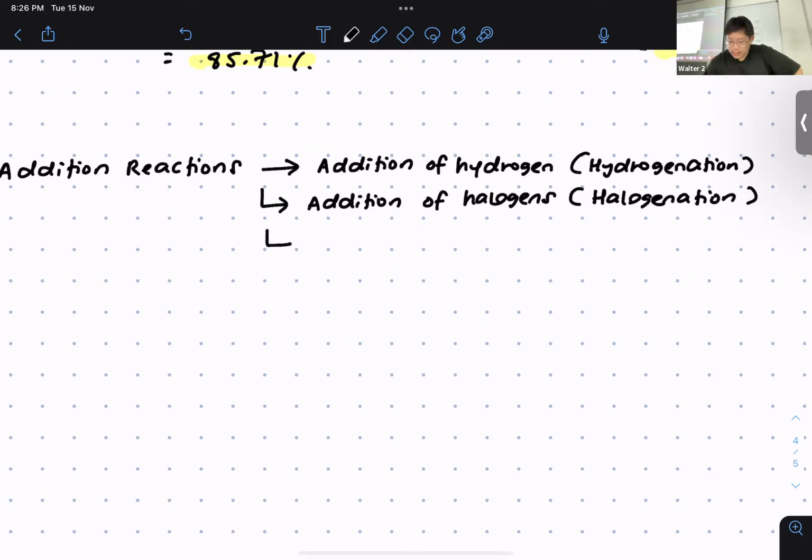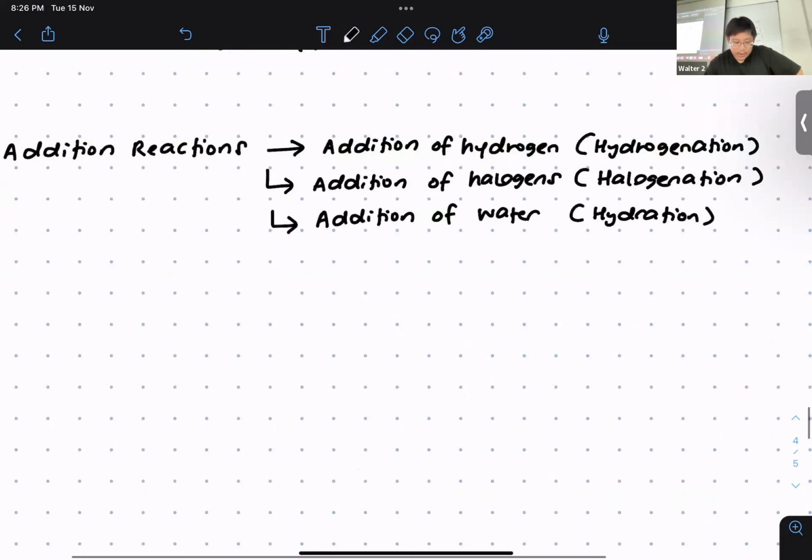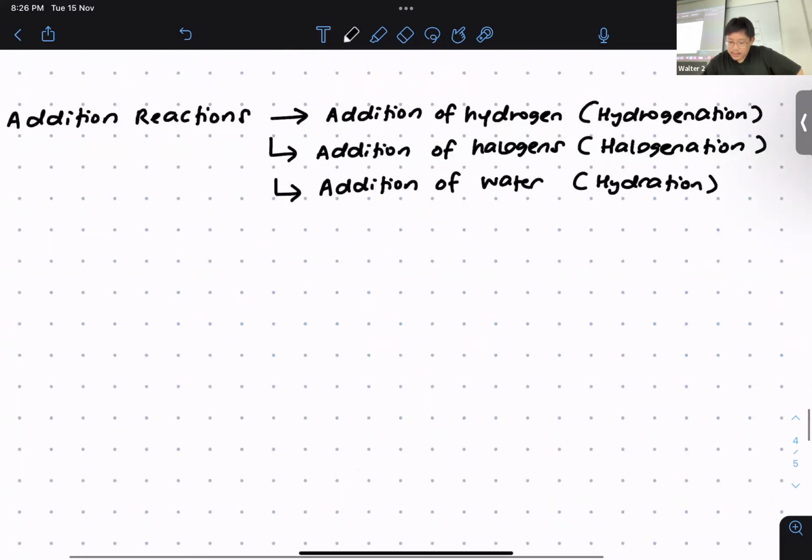And then after that, we have addition of water, which we call hydration. And we have addition of hydrogen halides.